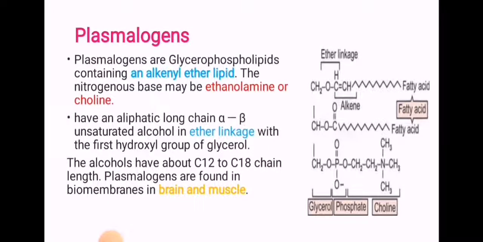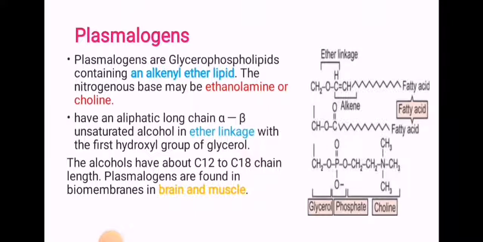Then coming to the plasmalogens, these are glycerophospholipids containing an alkenyl ether lipid. In the diagram on the right side you can see the ether linkage, CH2-O-CH, and the alkene bond, CH=CH. The nitrogenous base may be either ethanolamine or choline.